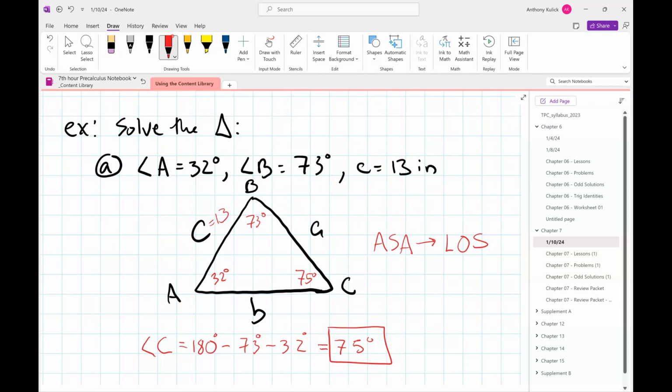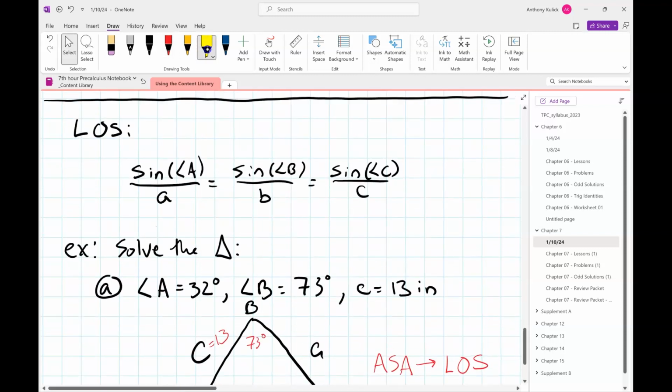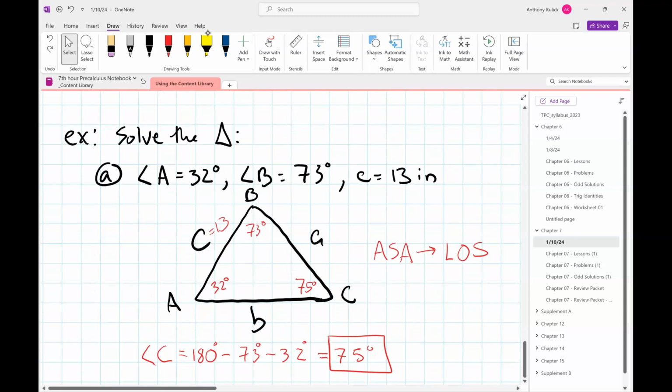Now, to get a side length, I have to use the law of sines. So to look at the law of sines, what I want to do is look for a situation where I have the angle measure and its side length. So I'm going to look for either, do I have angle A and side A? Do I have angle B and side B? Do I have angle C and side C? So let's look at our picture.